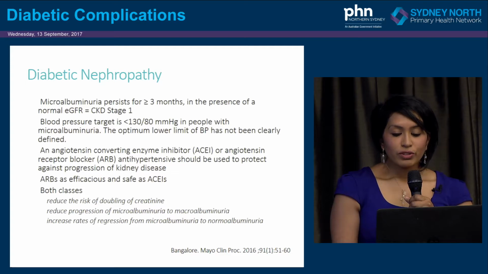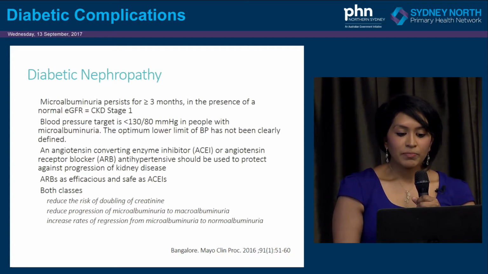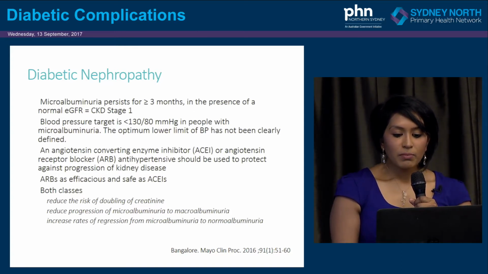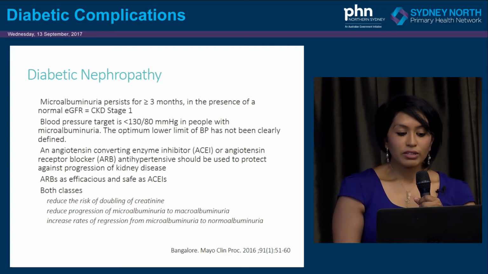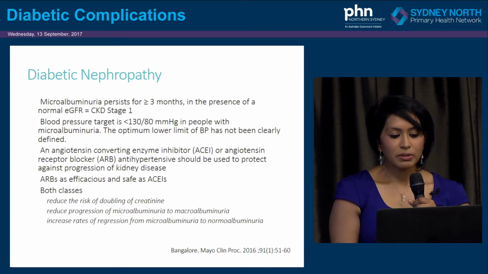So what would you do for the patient? You'd be aiming for target blood pressure under 130/80, and the lower limit of how much you want to lower their blood pressure is not clearly defined, but definitely under that target. And using an ACE inhibitor or ARB should be the priority, and ARBs are as efficacious and safe as ACE inhibitors.